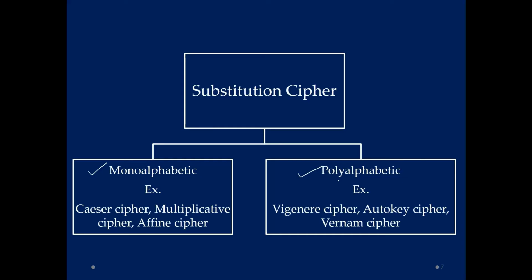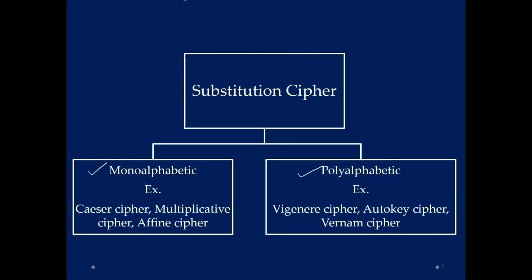Some examples of monoalphabetic are Caesar cipher, multiplicative cipher, and affine cipher. While polyalphabetic ciphers are Vigenère cipher, Autokey cipher, and Vernam cipher. I shall explain these ciphers in detail in the coming videos with the concepts as well as numericals.